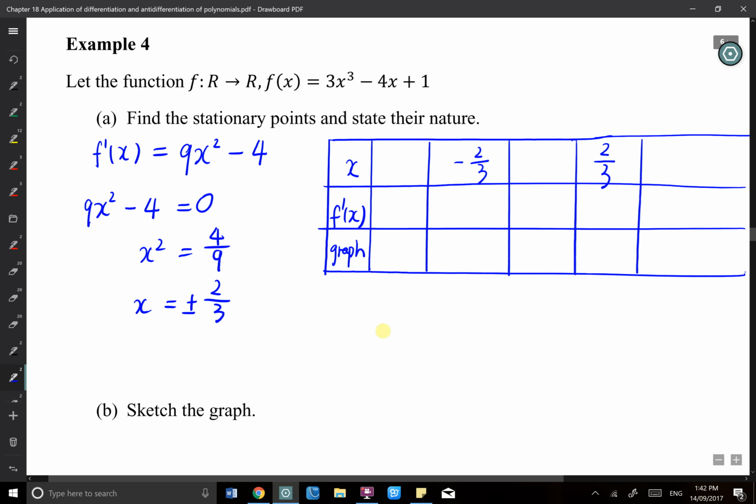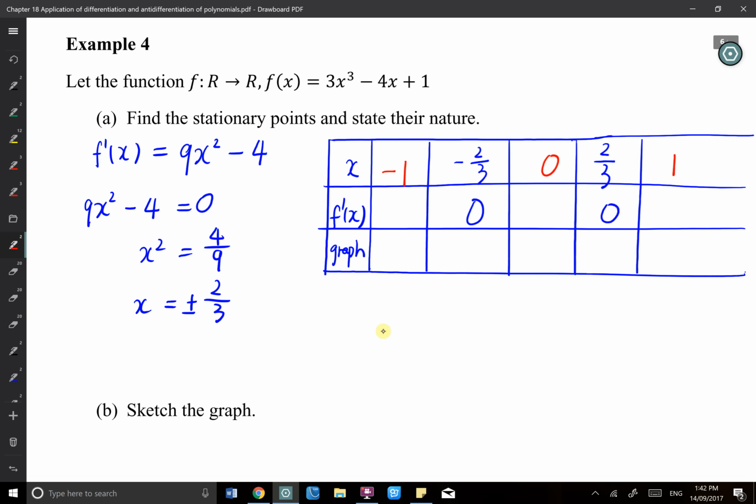What value do you choose for that? Well, here we have 0 and 0 for sure, f'(x) is 0 and 0. What do you want to choose here? Negative 1. Here? 0 and 1. Okay, easy to calculate.